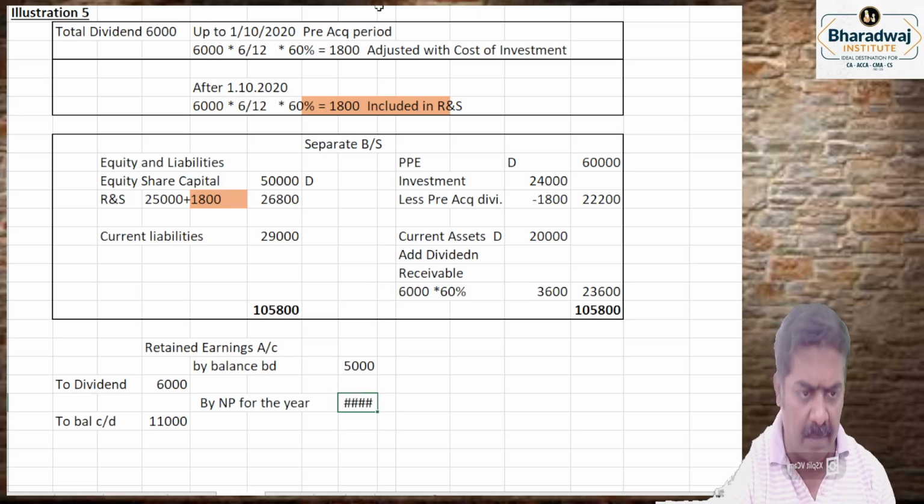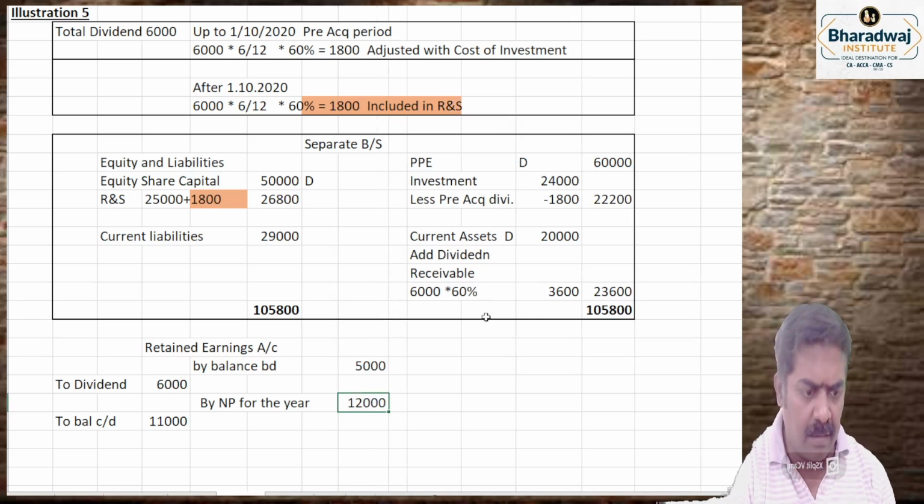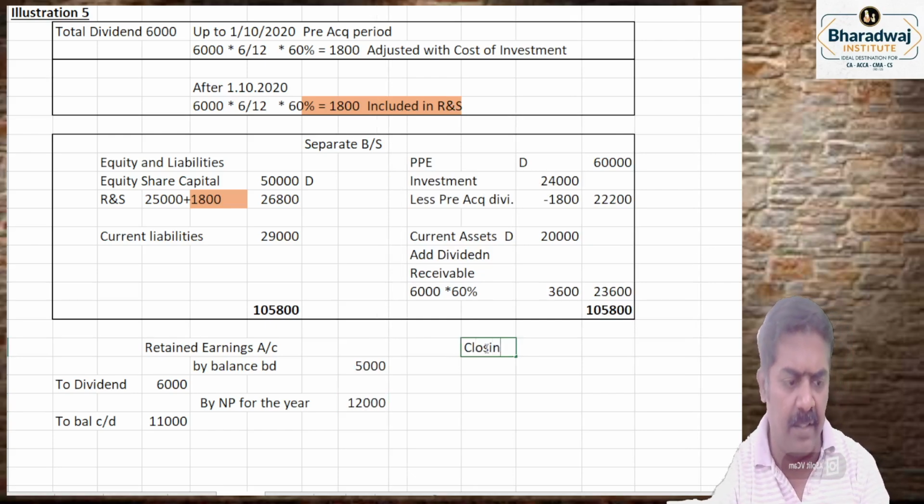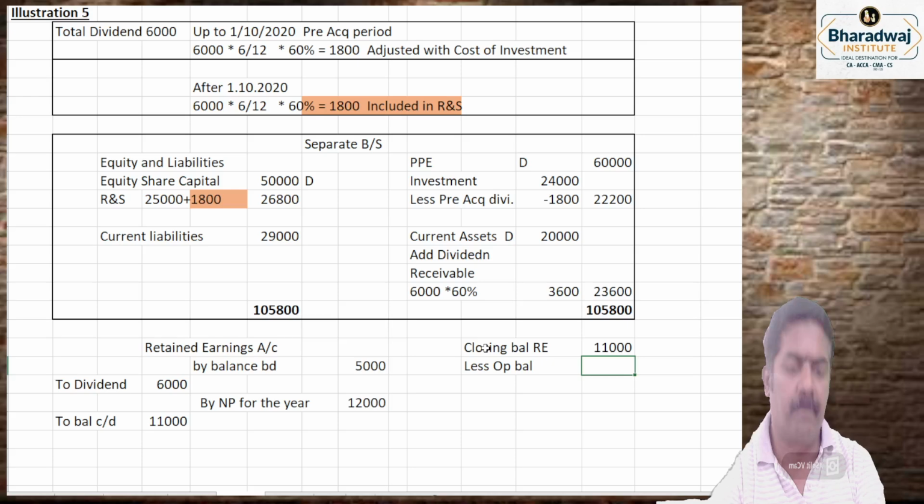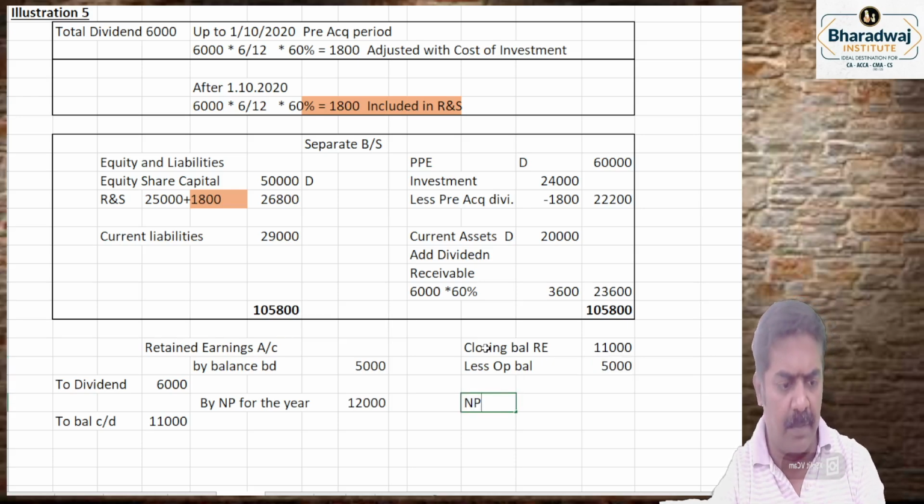Or there is another method of doing it. The closing balance of retained earnings is 11,000 minus the opening balance of 5,000. This is net profit after appropriation, that is after dividend. The dividend we have recorded is 6,000.